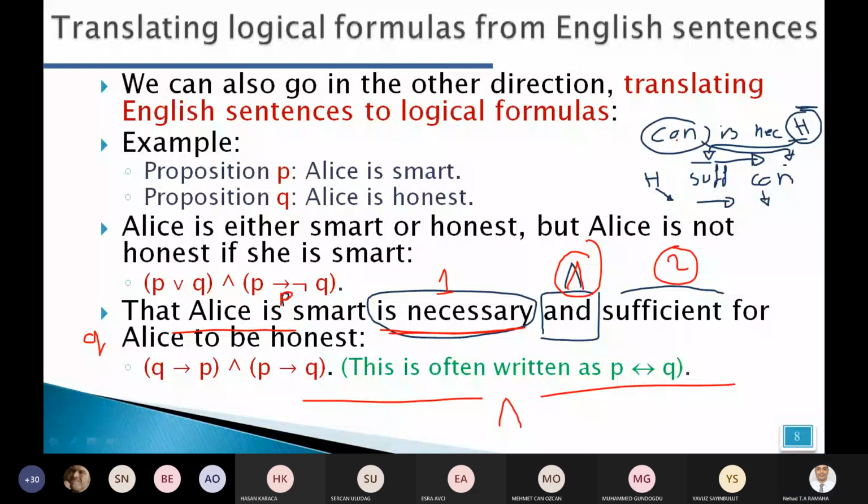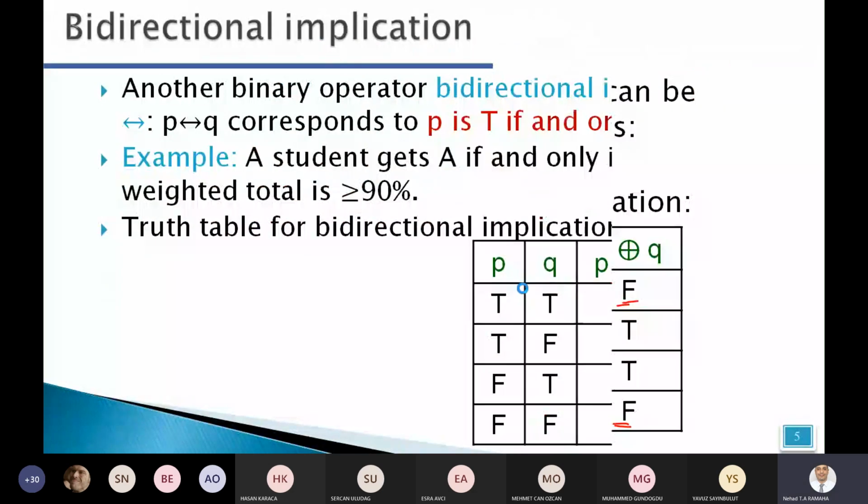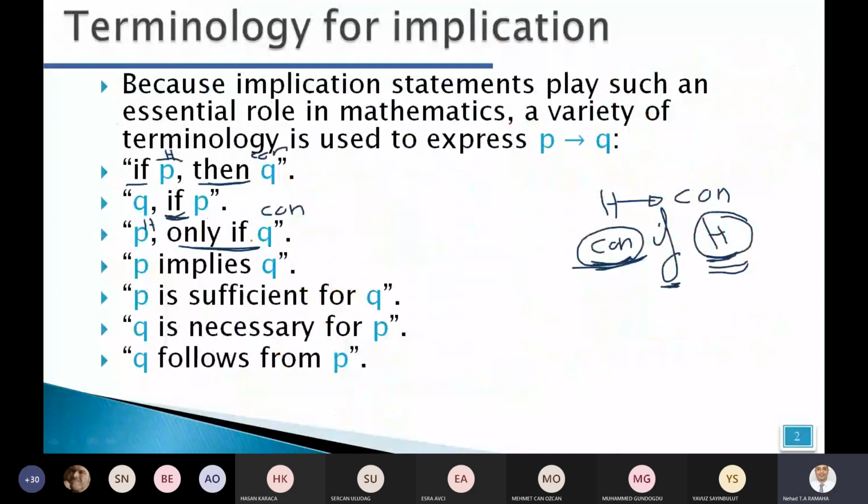Conclusion, then hypothesis. Here, you see, I always return to this until you can memorize it. For is necessary, you take conclusion, and hypothesis. For this statement, hypothesis is P, conclusion is Q.